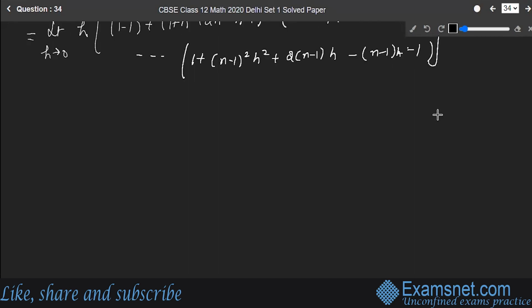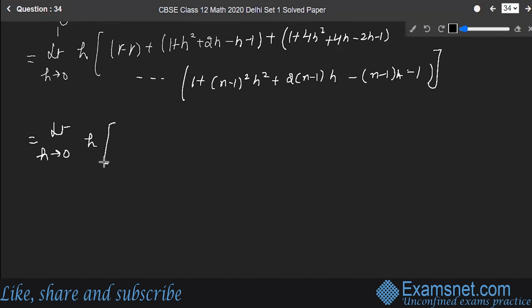So now this will be equal to limit h approaching 0, h is outside, this and this will cancel, right? And I'm going to take h square common. All right. Okay, fine. I'll take the h square common from here. This will be 1 square plus 2 square.